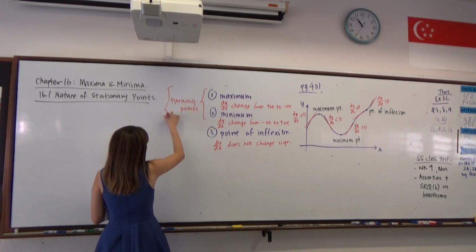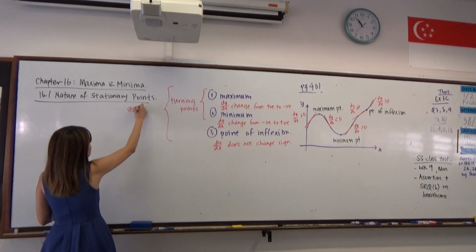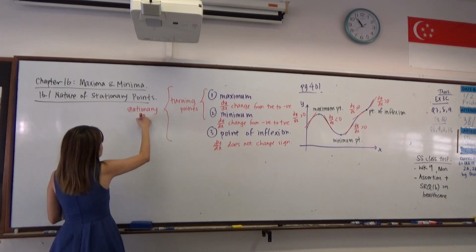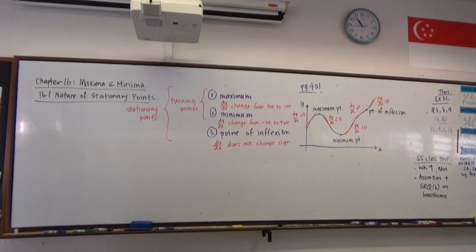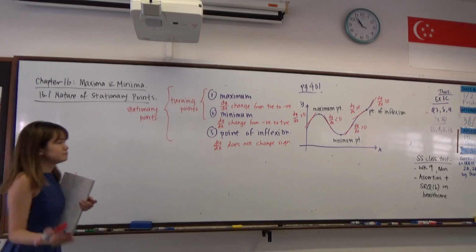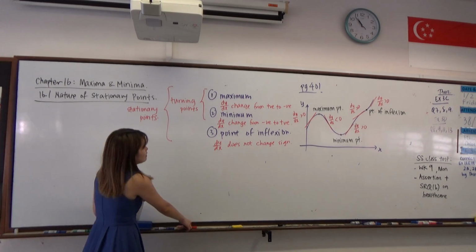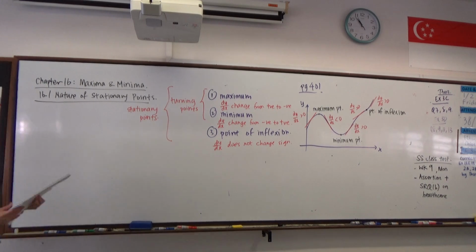And all these three are considered stationary points. So if you are fearful of using the wrong term, you could just use the general word of stationary points. It will cover all three. So it really prevents this kind of wrong term usage.